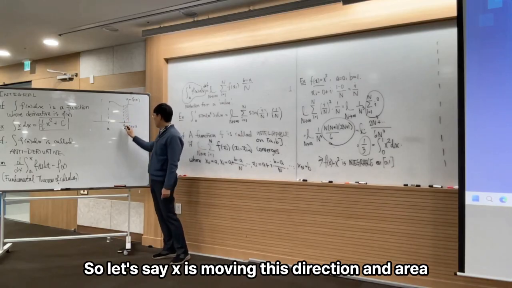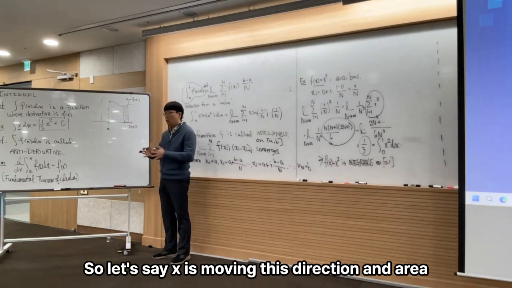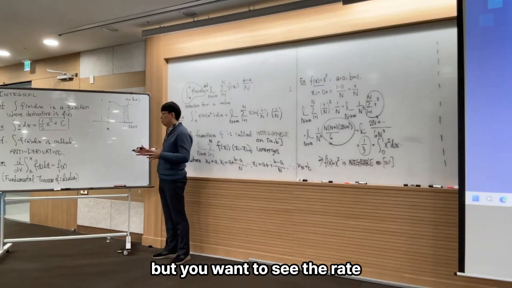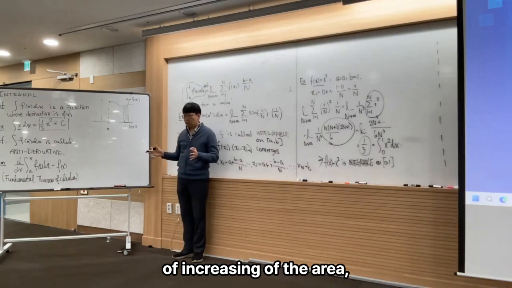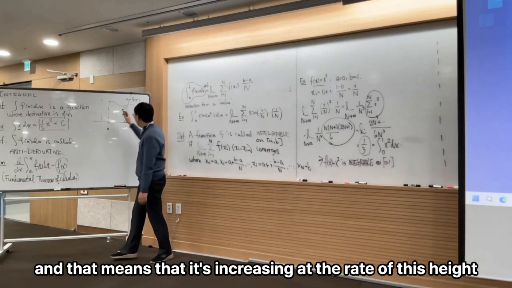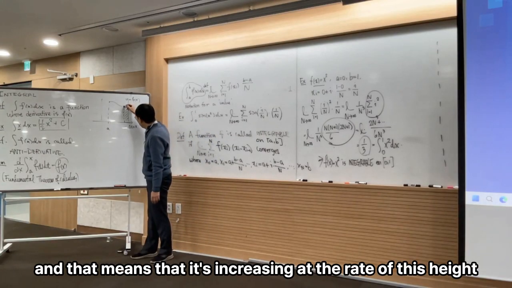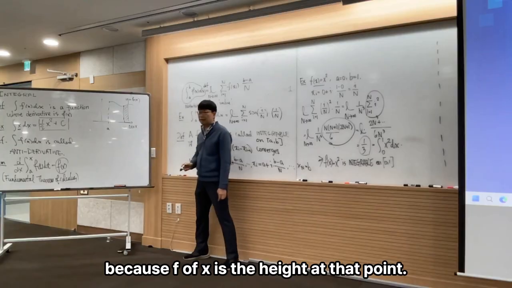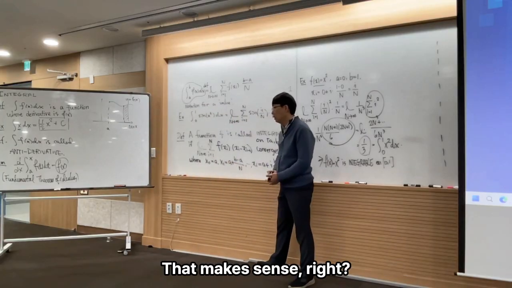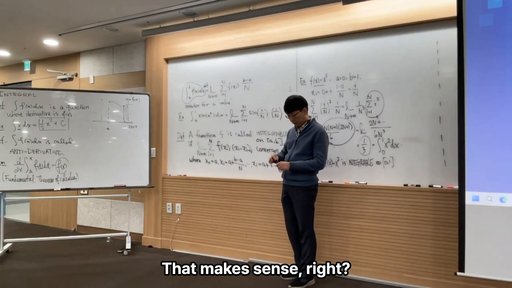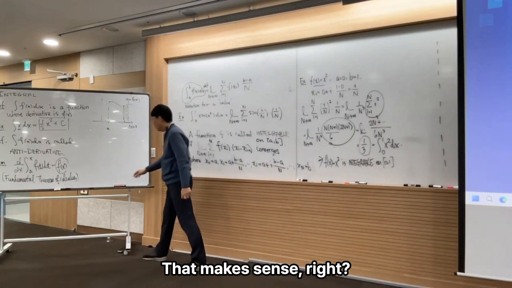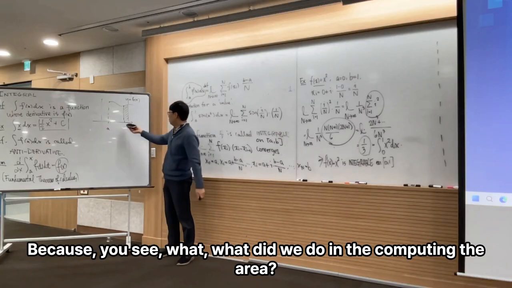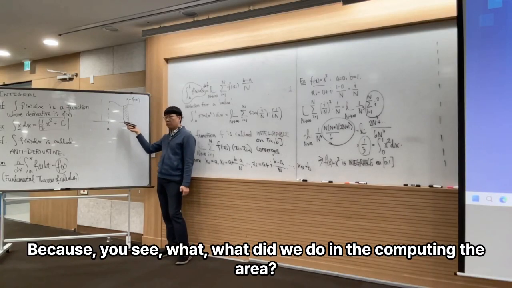So let's say x is moving in this direction, and the area is increasing, of course. You want to see the rate of increase of the area, and that means that it's increasing at the rate of this height, because f of x is the height at that point. That makes sense, right? Because what did we do in computing the area?